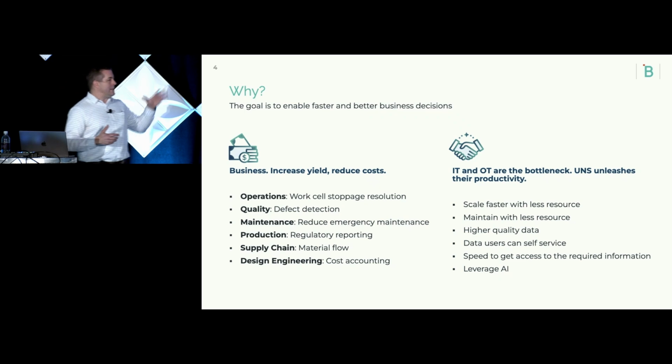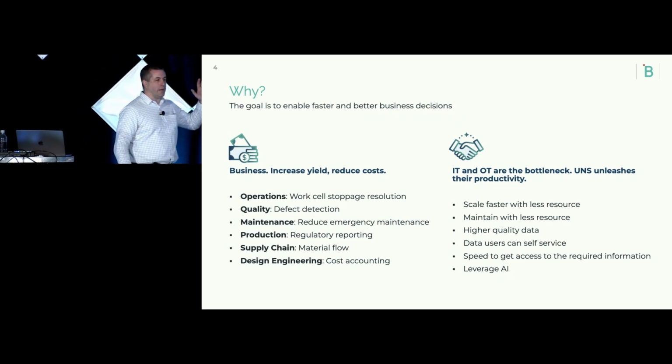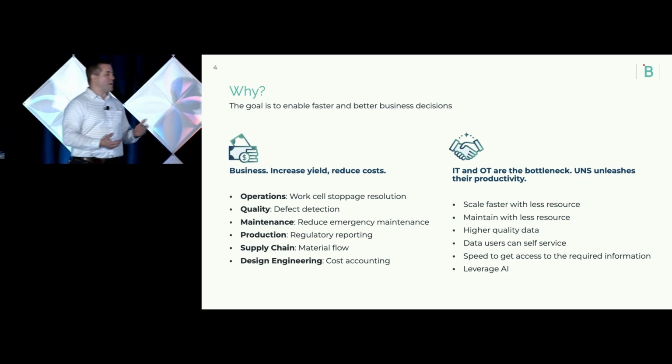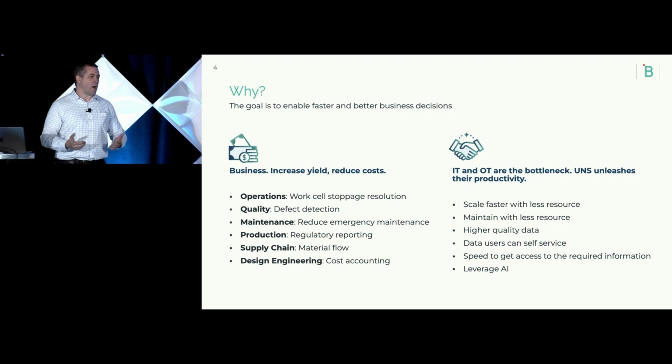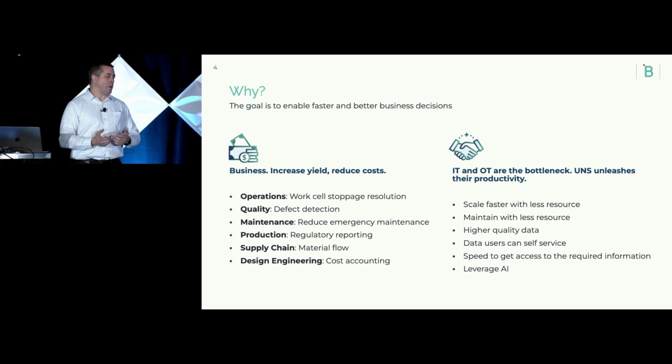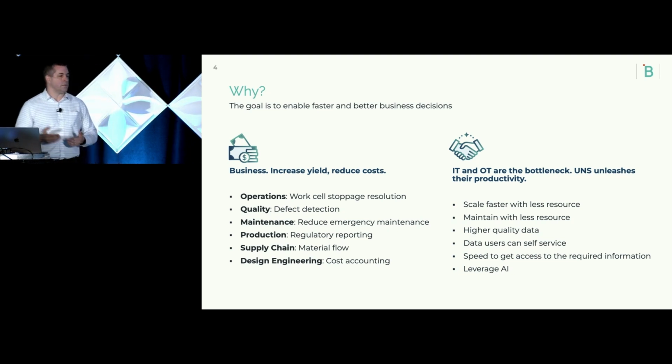But what we find is companies have tons of projects. Coming up with projects is not the problem. The problem is there's a bottleneck, and that bottleneck is actually the OT and IT teams. Because the approaches that most people are taking for integrating systems is generally point to point, and it doesn't scale. And it's impossible to maintain.